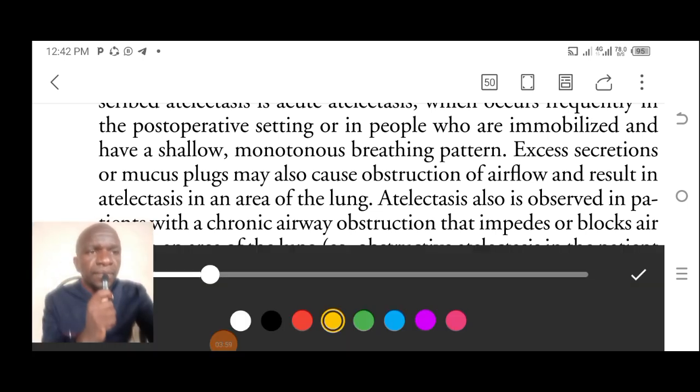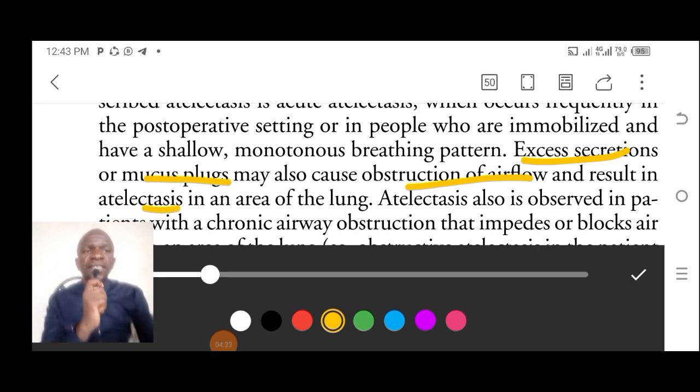If there are excessive secretions, these are going to block the free passage of air and result in atelectasis, right?